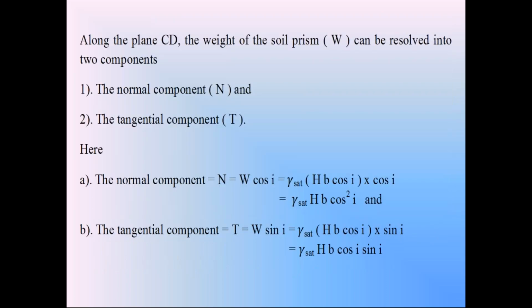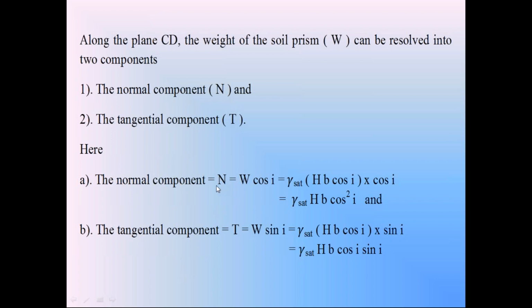So these are the components. These components are forces because the weight is a gravitational force. Please keep that in mind. The weight is not the stress. The weight is the gravitational force. So the tangential component is tangential force, and the normal component is normal force.